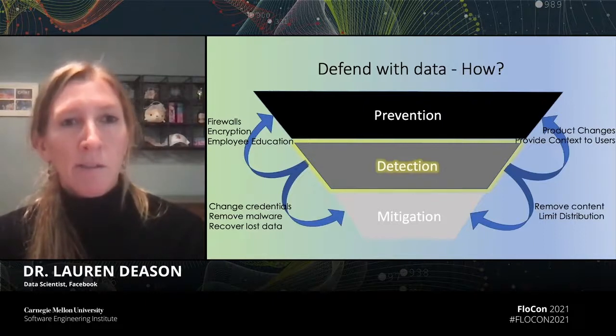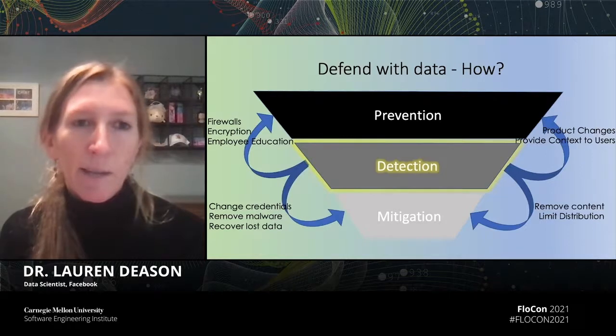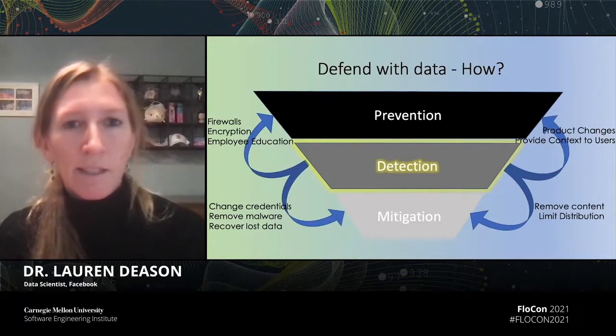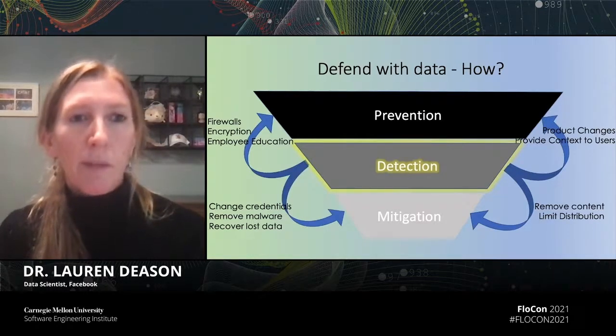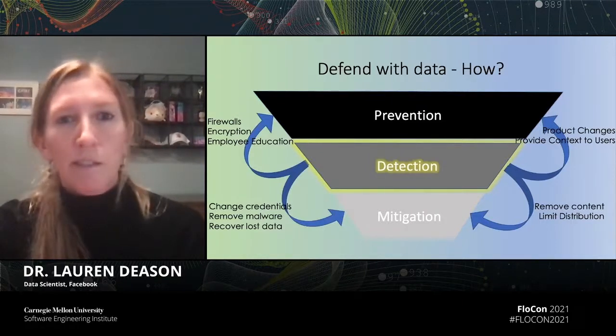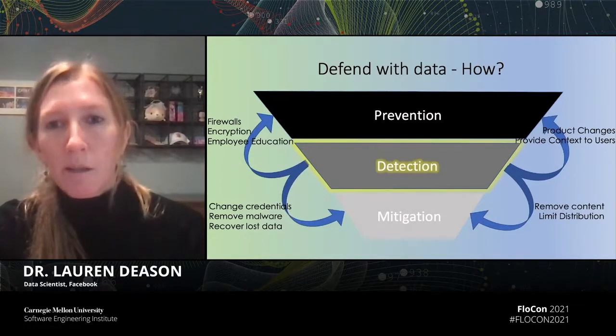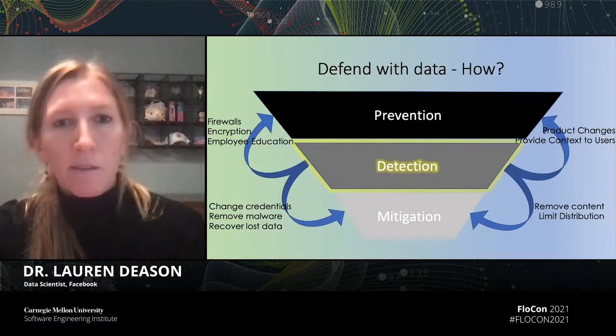Of course, detection feeds directly into mitigation and then also prevention. As you detect bad activity, you take mitigating actions as well as implement new preventative actions to prevent that from happening again in the future. So on the left, I've listed what I consider the traditional network defense examples, and on the right, in the social networking context.